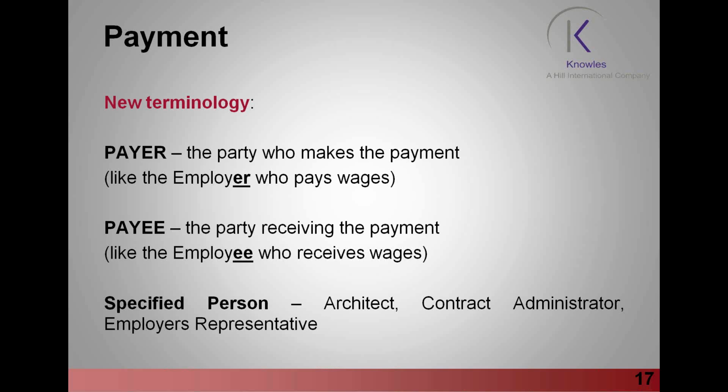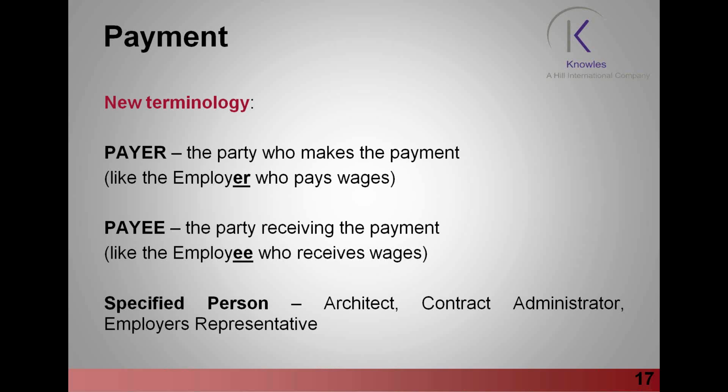The second piece of new terminology is the payee. So in other words, the party receiving the payment, a little bit like an employee who receives wages. So payer pays money out, payee receives the money. We then have the third new piece of terminology, which is the specified person.